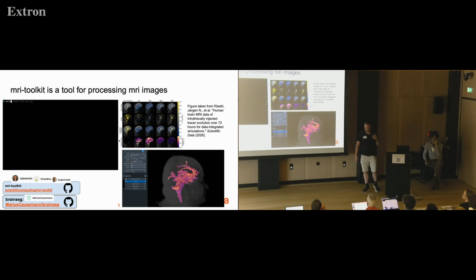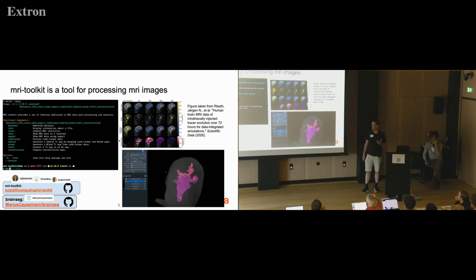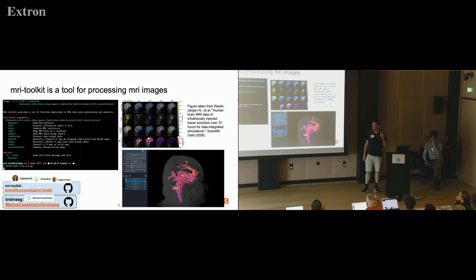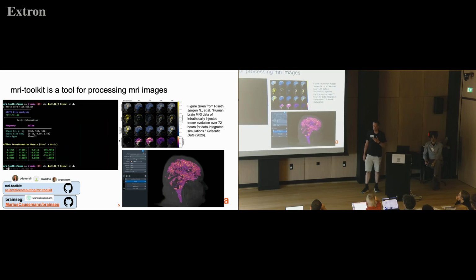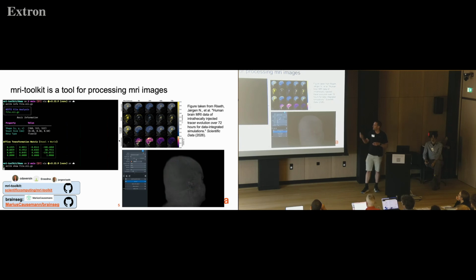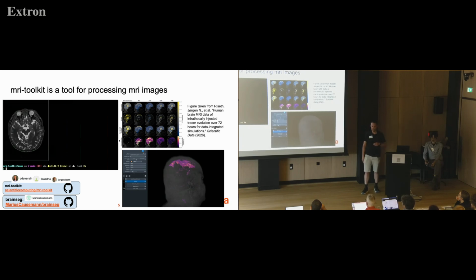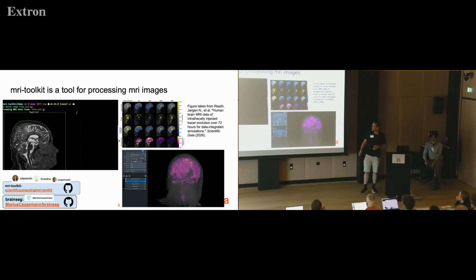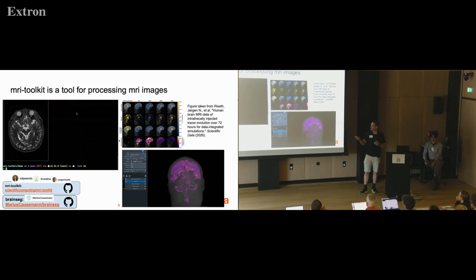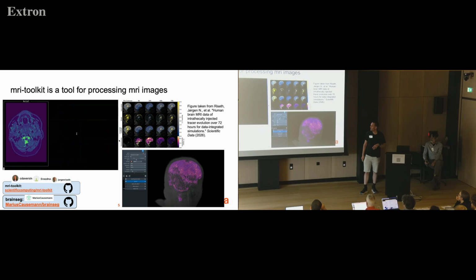When working with brain data, we typically use a lot of MRI images, and we need to do some sort of processing of these. For this, we created this MRI-toolkit, which is primarily based on the work of a former PhD student called Jørgen Riseth, where we can extract and manipulate these images and extract different types of data from them.